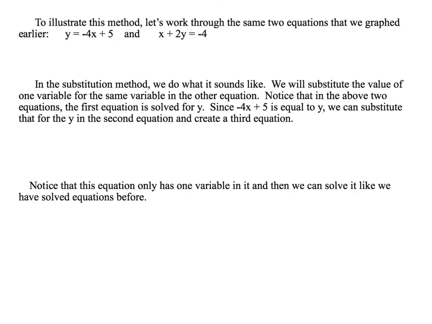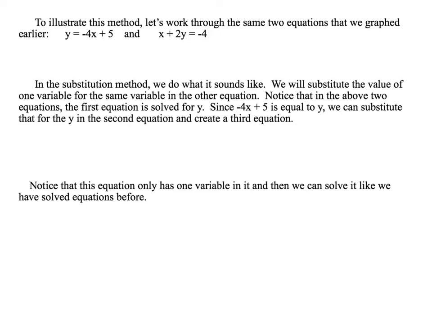To illustrate this method, let's work through the same two equations that we graphed just a moment ago: y equals negative 4x plus 5 and x plus 2y equals negative 4. In the substitution method, we do what it sounds like. We substitute the value of one variable for the same variable in the other equation.